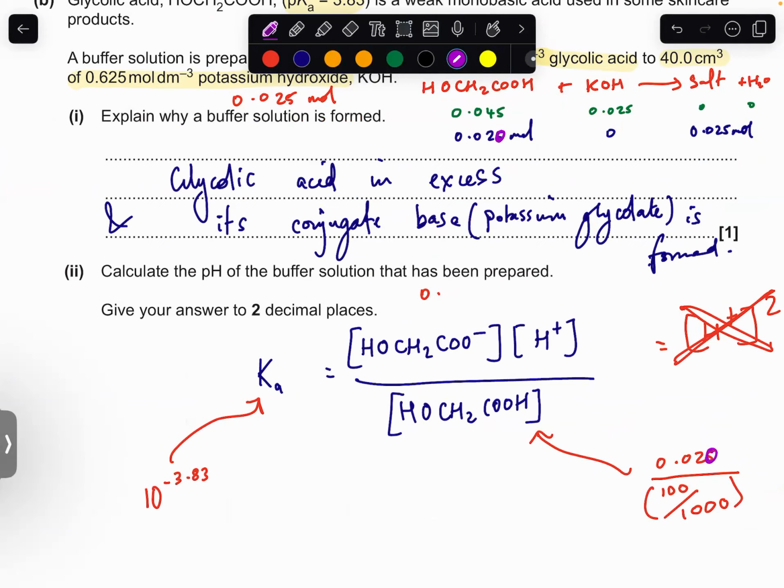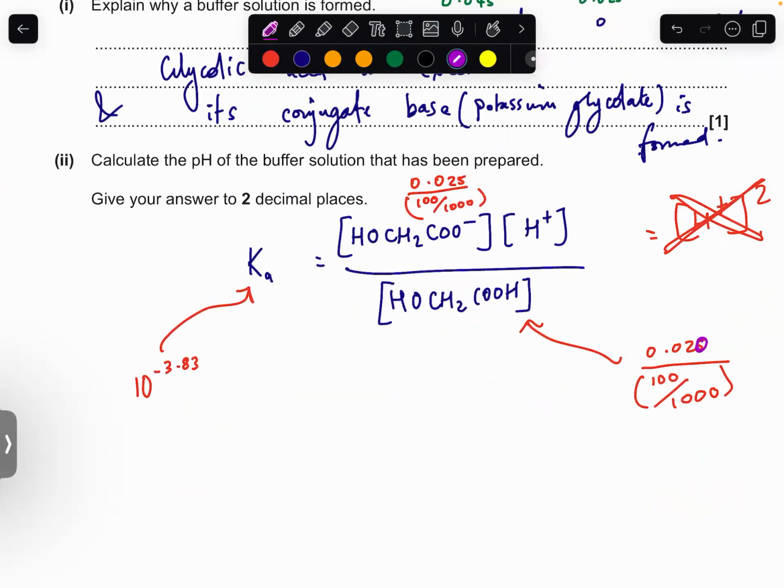And for the conjugate base, the salt concentration will be 0.025 divided by 100 over 1000, that gives you 0.25.